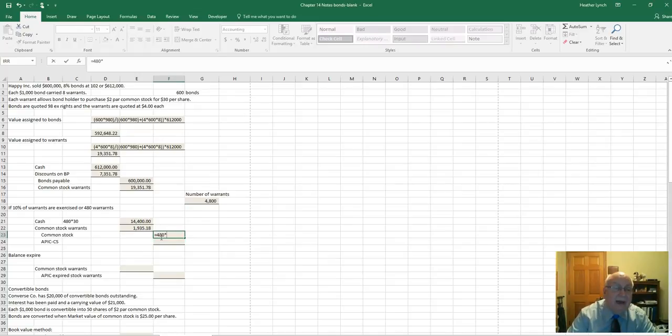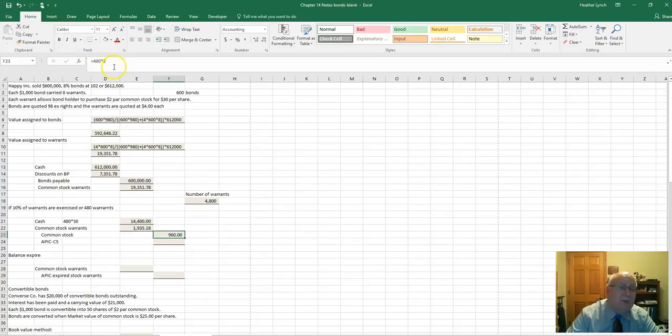Each bond has 8 warrants attached to it, and it was $2 par value. No, it's something different. I don't want the 8. It's just $2 par value. There we go. 960.